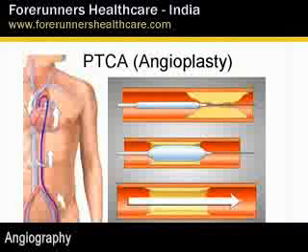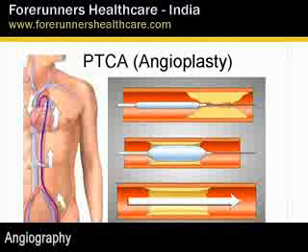Now this structure is a kind of balloon. It can be inflated from outside. So once it reaches the area, as you can see in the right sided diagram, there is a blockage there, and once that deflated balloon reaches inside that place, it is then inflated, and when it inflates, it traumatically breaks down that blockage and opens up the artery for the free flow of the blood.